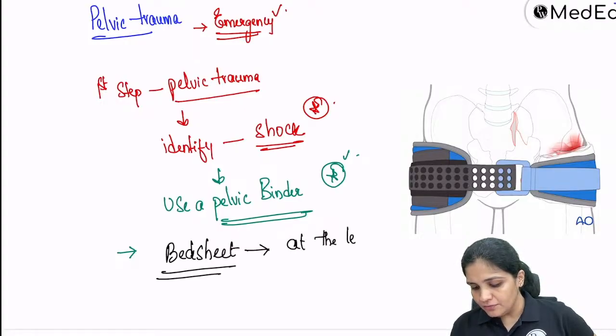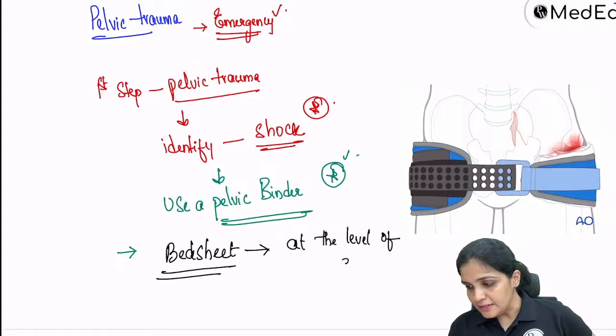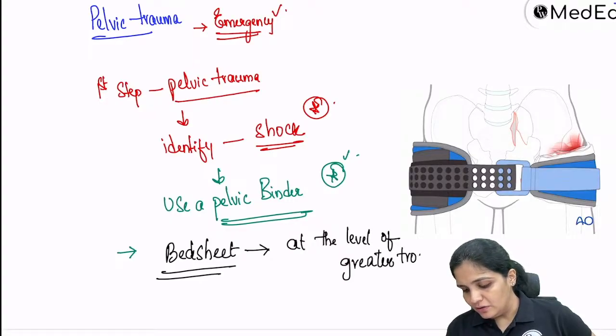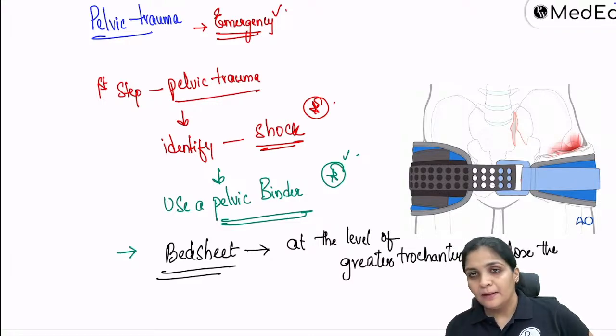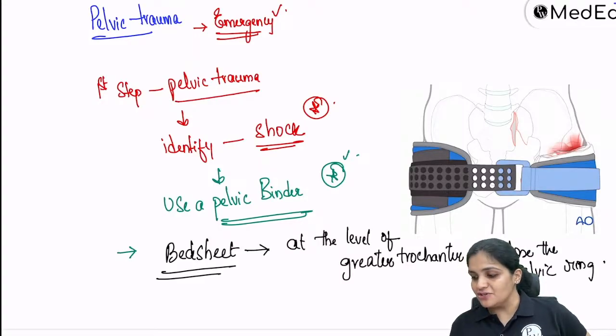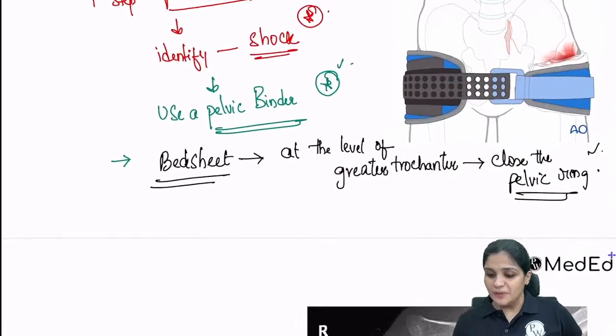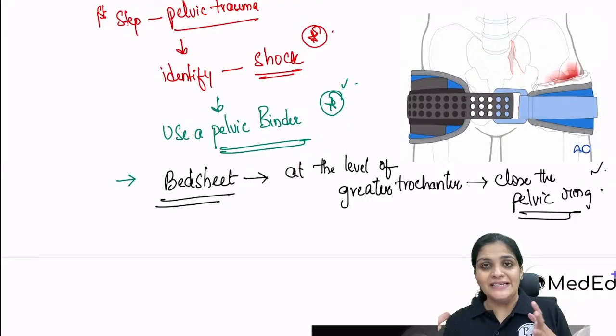At the level of the greater trochanter, to close the pelvic ring. If you remember, the pelvis is a ring-like structure, right? So you have to close this pelvic ring to avoid excessive internal bleeding.